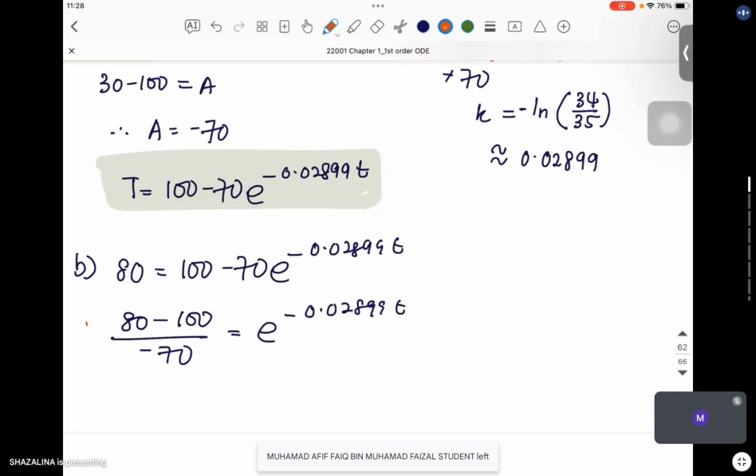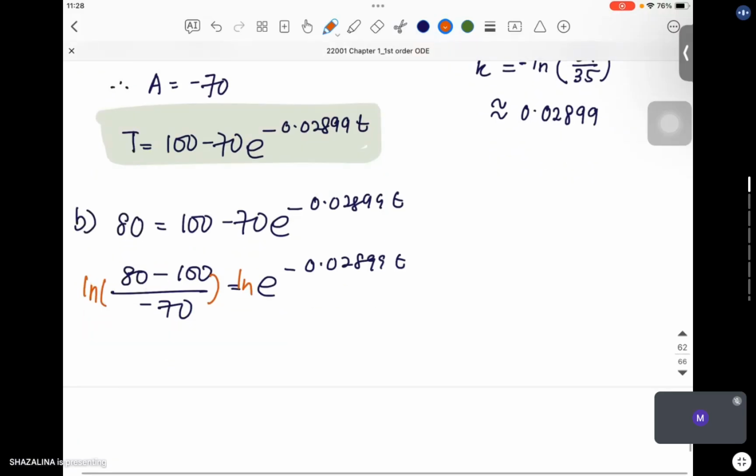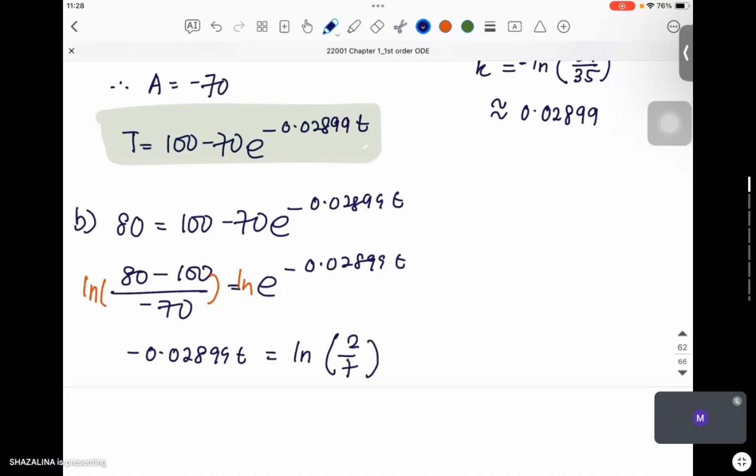ln both sides. We have negative 0.02899 t equals to ln 2/7.